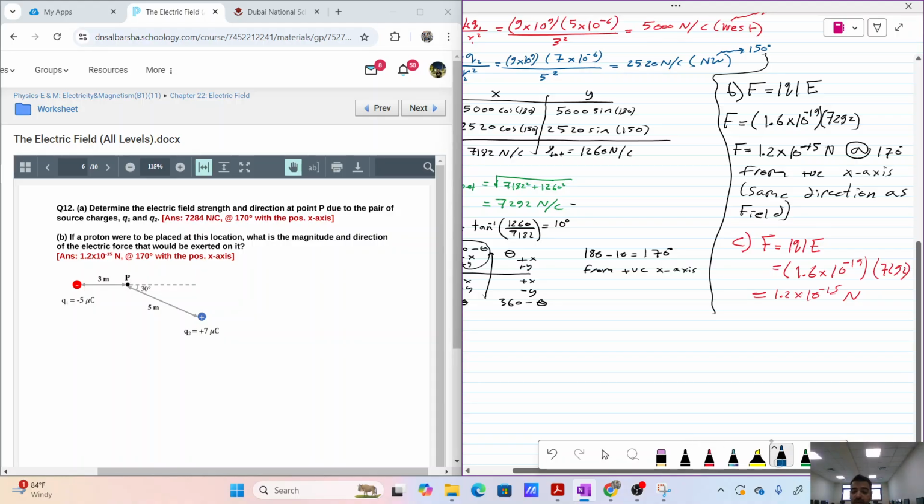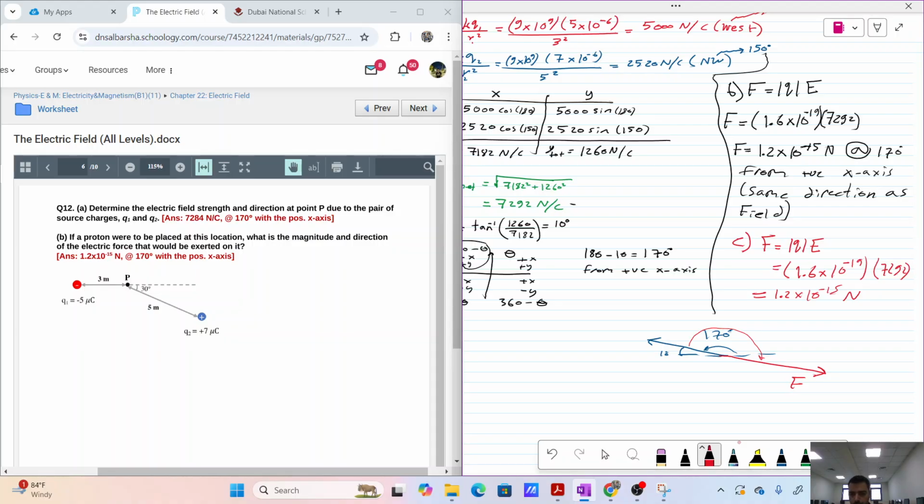We know that the net electric field is at an angle of 170 degrees from positive x-axis. This is our electric field. We have here 10 degrees and here 170 degrees. And we know that the force for an electron will be exactly opposite to it. So how do we reach the force? You have two options: either you subtract 180 or you add 180.